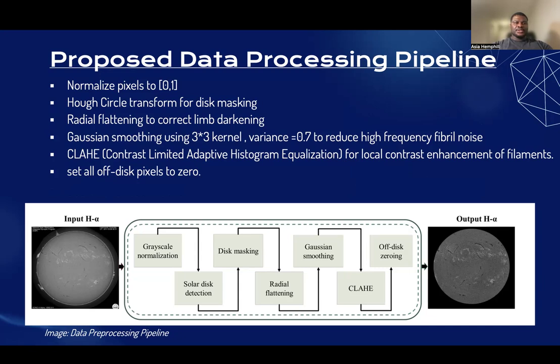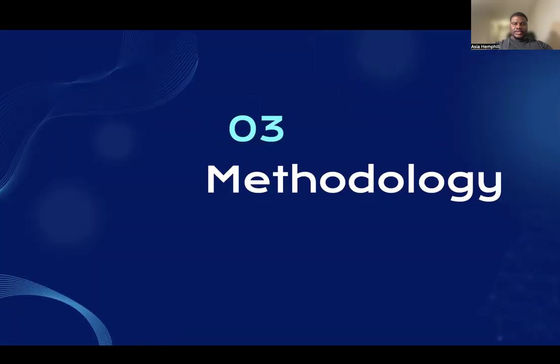We also do radial flattening to correct limb darkening. And we apply a Gaussian smoothing kernel, 3x3, with a variance of 0.7 to reduce high frequency fibril noise. We then apply contrast limited adaptive histogram equalization for local contrast enhancement of filaments, and then set all of these pixels to 0.